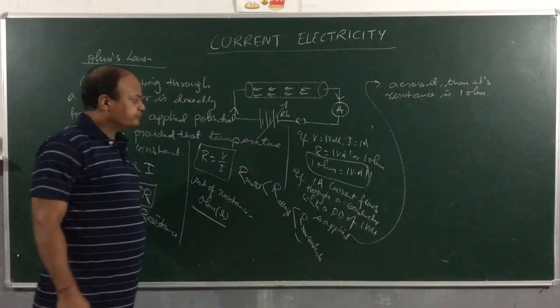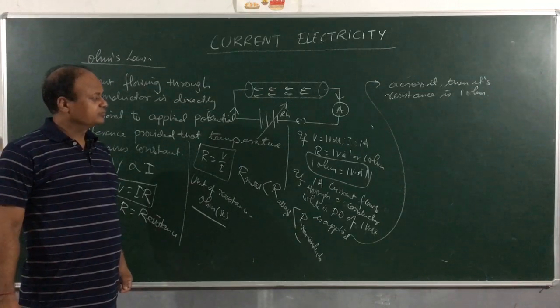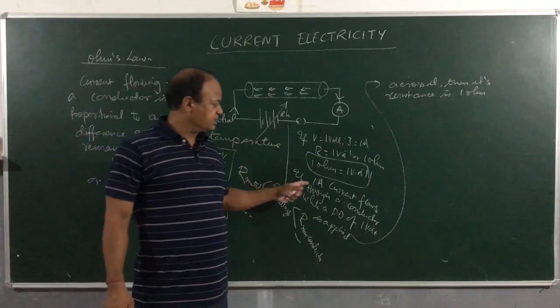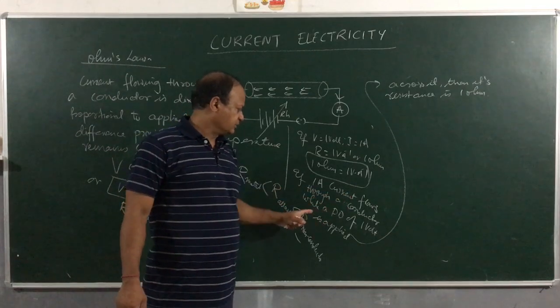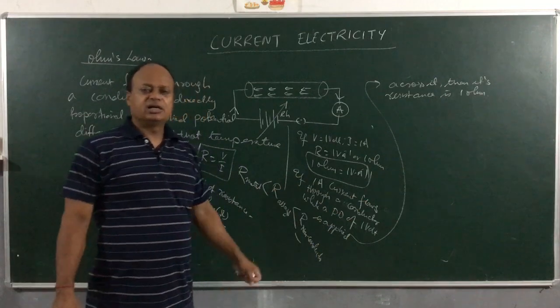Now 1 ohm is the resistance when 1 ampere current flows through a conductor while a potential difference of 1 volt is applied across it.